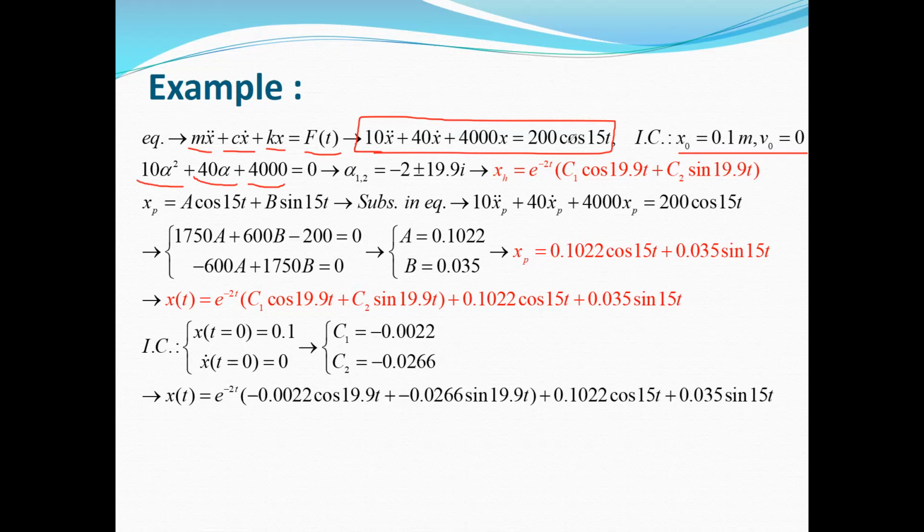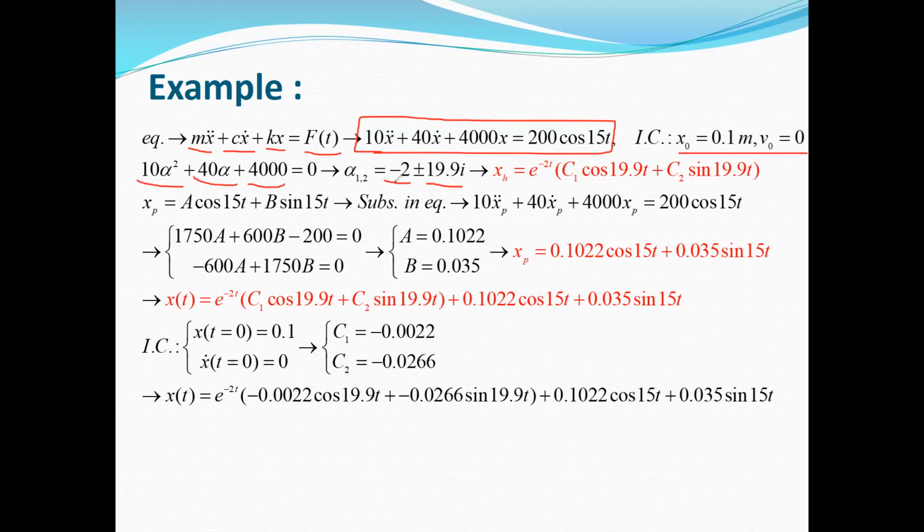So we assume that on the right hand side of the equation we don't have any non-homogeneous term. So alpha 1 and alpha 2 can be obtained using the delta method, and the roots of this equation are -2 plus and minus 19.9 i.